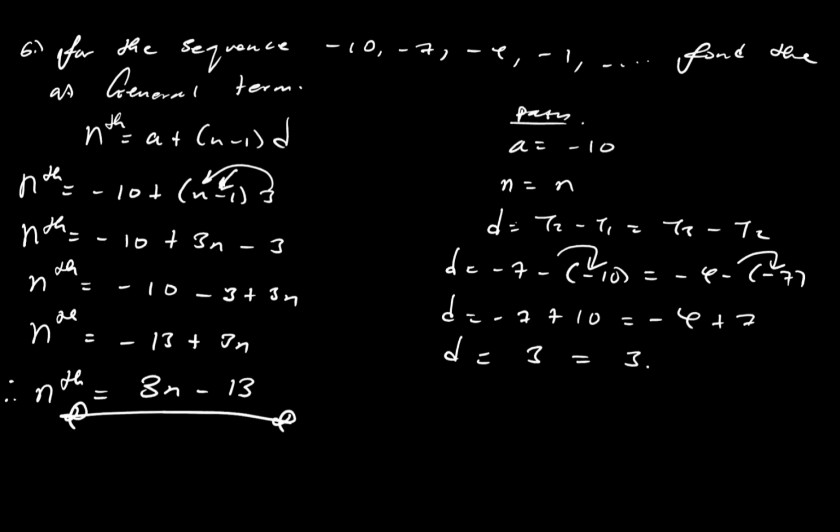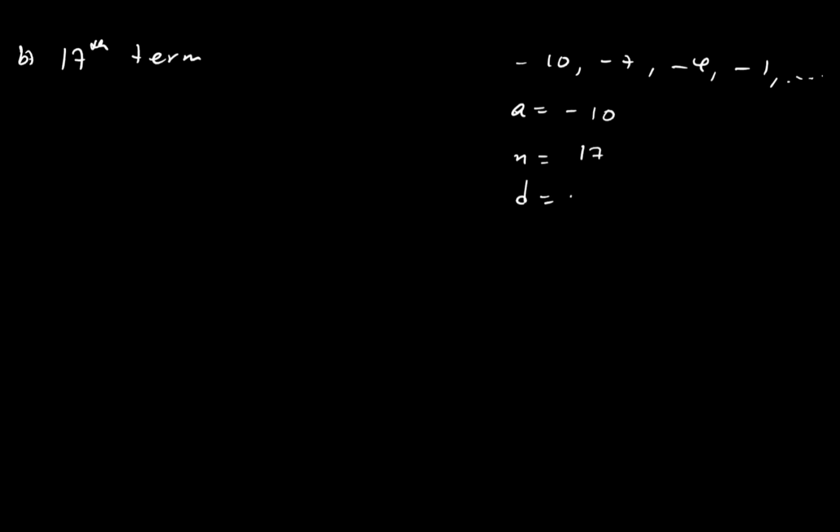Now, for the same sequence, let's imagine we were asked to find the 17th term. How are we going to find the 17th term? Remember, we have negative 10, negative 7, negative 4, and negative 1, and this keeps on going just like that. We know that the value of a is negative 10, the value of n in this case will be 17, and the value of d has been found to be 3. So all we need to do is use the nth term formula: a plus n minus 1, then d.